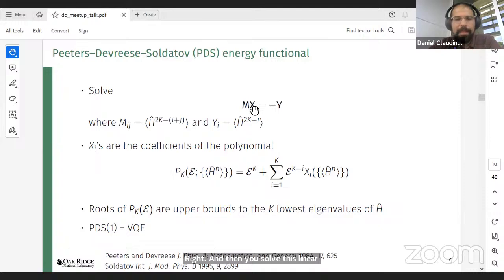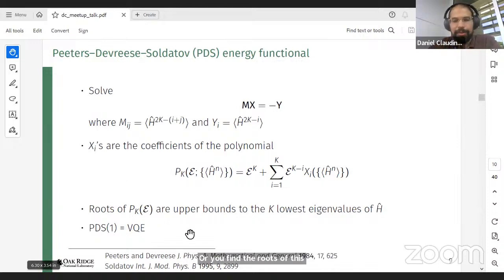Find x. And once you find x, then x are the coefficients of this polynomial in this variable beta or whatever. I don't know why I picked this letter here, but then you find the roots of this polynomial.